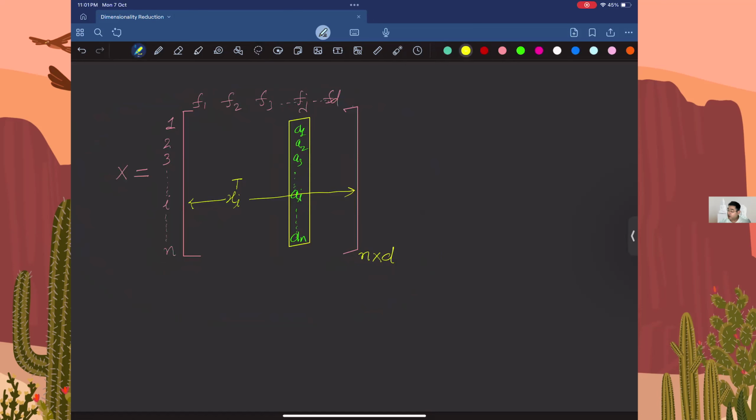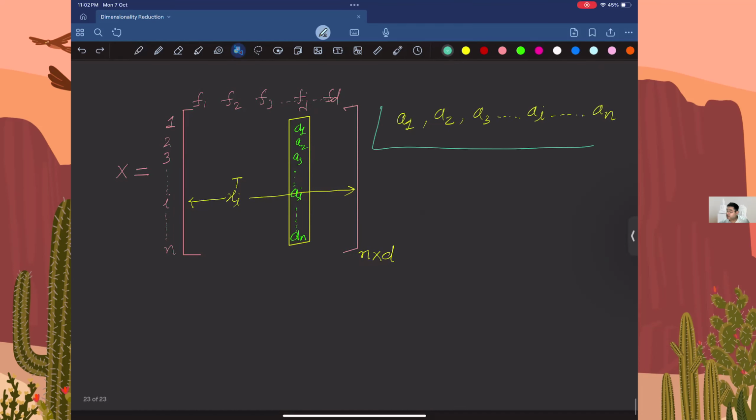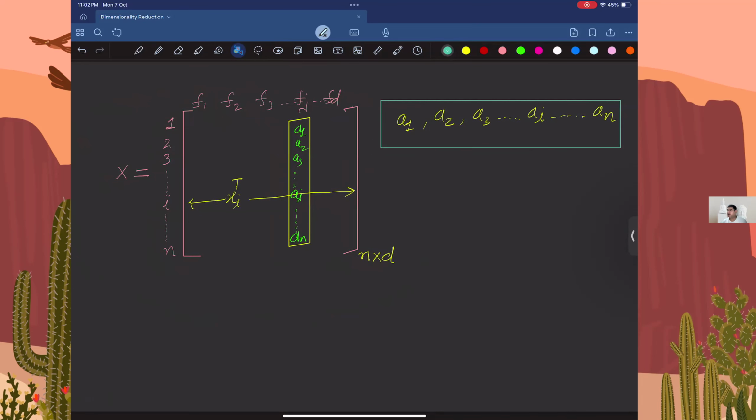Now, let's suppose I have this column of data A1, A2, A3, Ai, and till An. I know there are n values of the Fj feature.